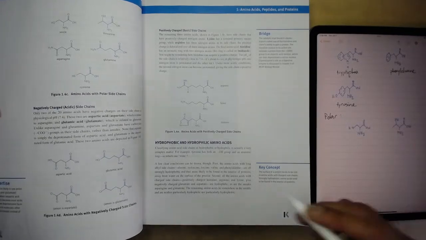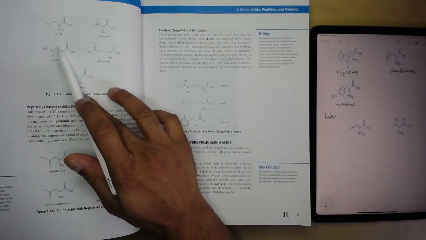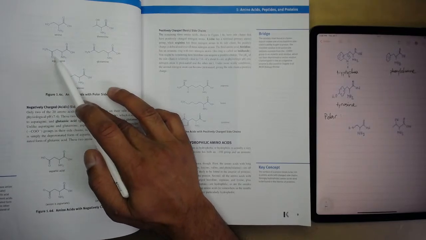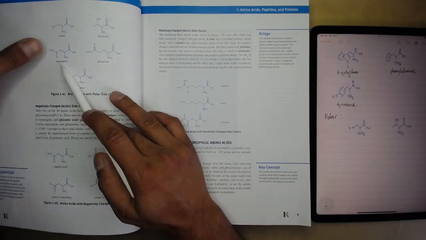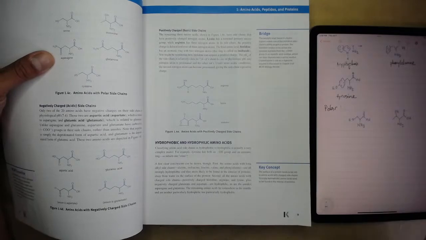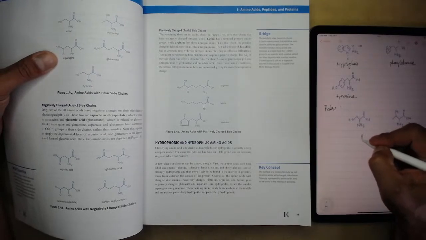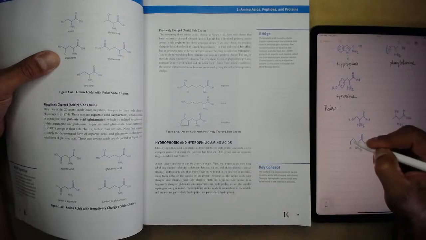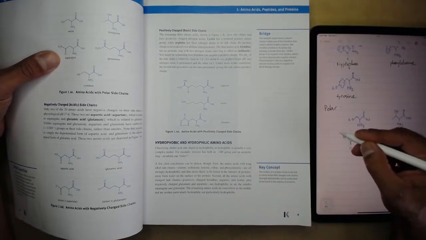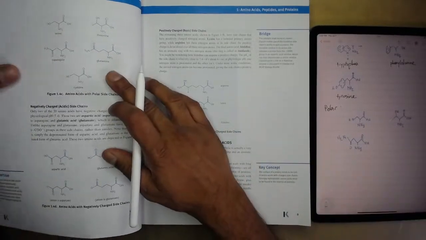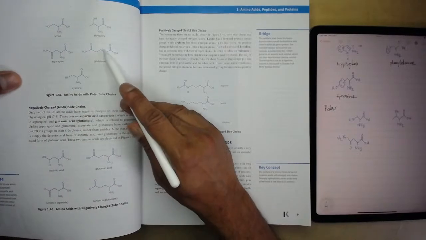We have asparagine, which has a carbon, a carbonyl carbon, meaning double bonded to an oxygen, followed by nitrogen. Carbon, carbonyl carbon, nitrogen. Glutamine, which looks similar to asparagine with an extra carbon.